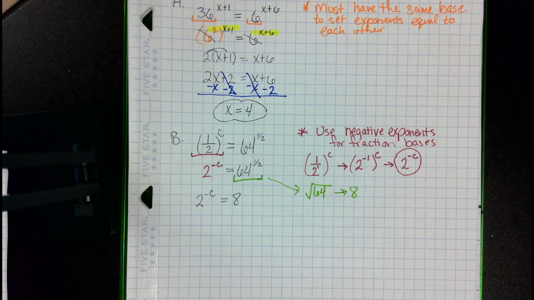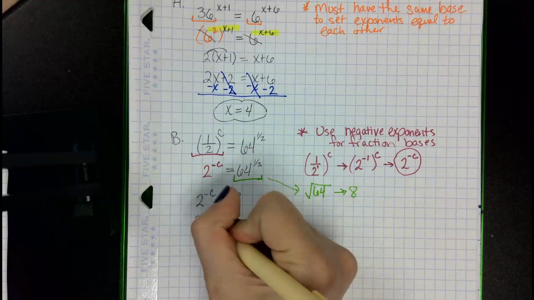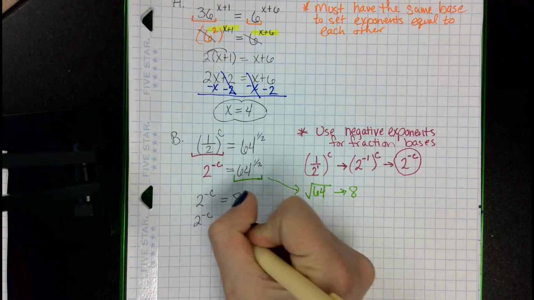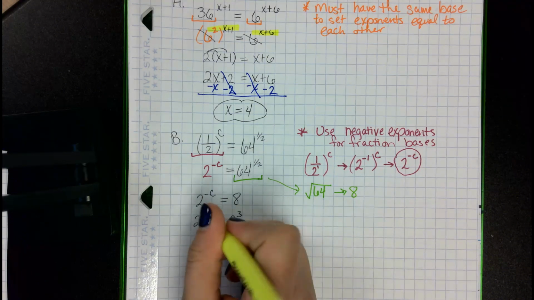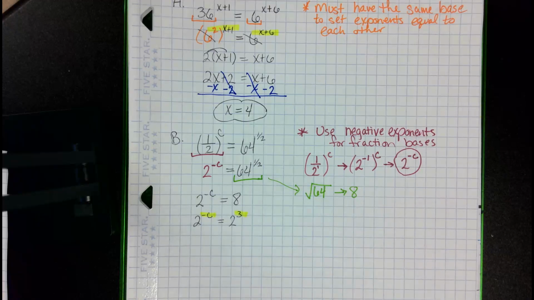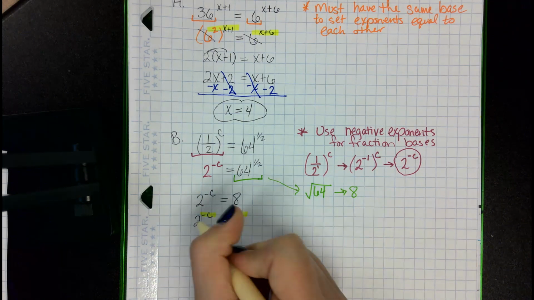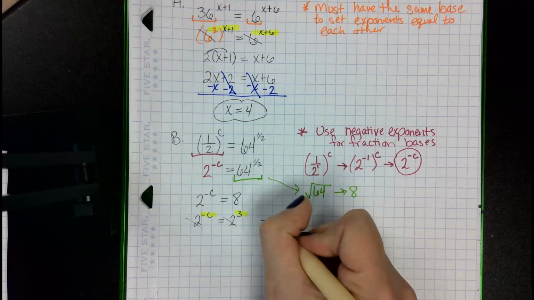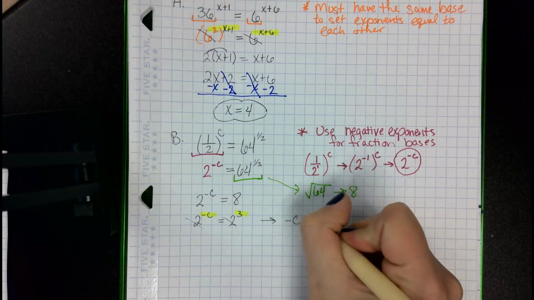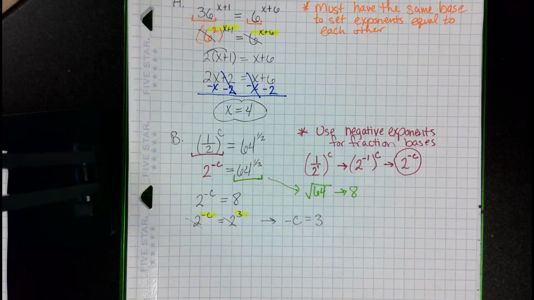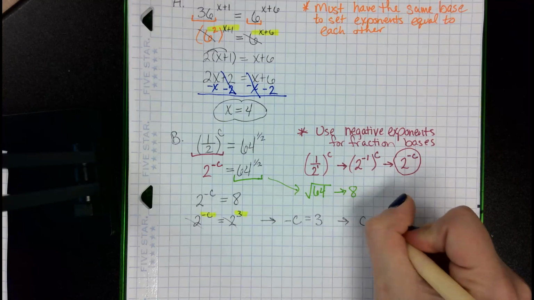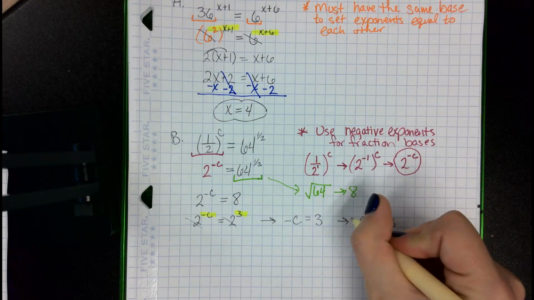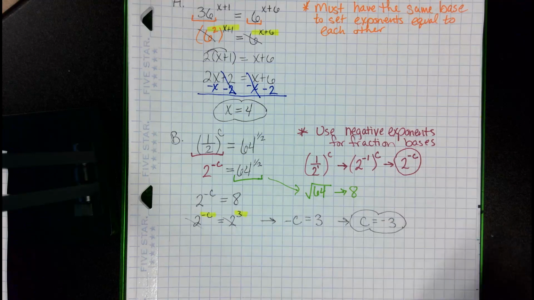So I can write that 2 to the negative c equals 2 to the 3rd. And then take the exponents. You can drop the base and say that negative c equals 3. But I'm not solving for negative c, I want a positive c. So c equals negative 3. And there's my answer.